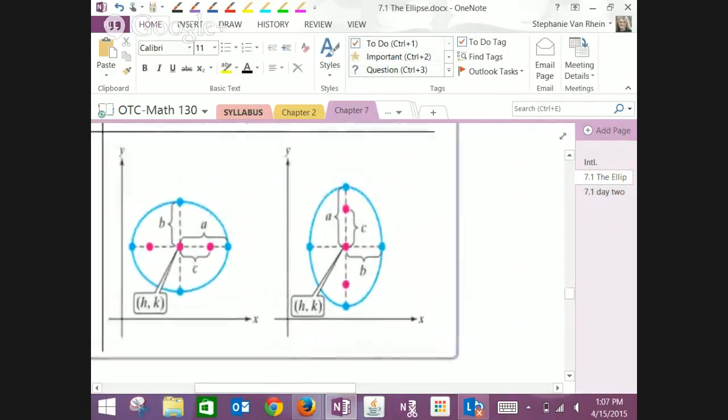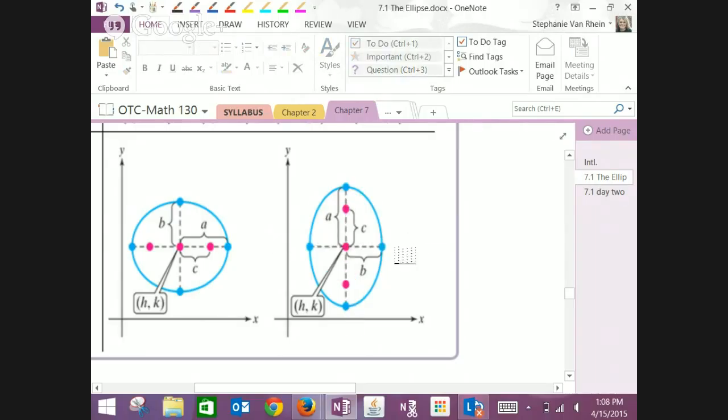And then the same thing, if the major axis is the Y-axis, the distance from the center to the major endpoint is A. So here we're just going up or down. All my X components remain the same, and only my Y's change, right? If I go up, that's changing Y, but it doesn't change X at all. X doesn't move. Here, X is moving, but Y doesn't move.